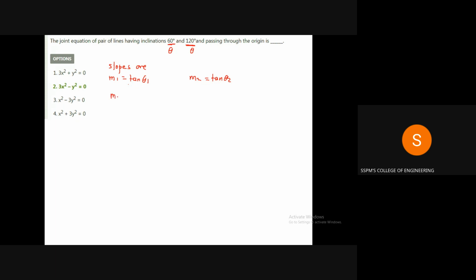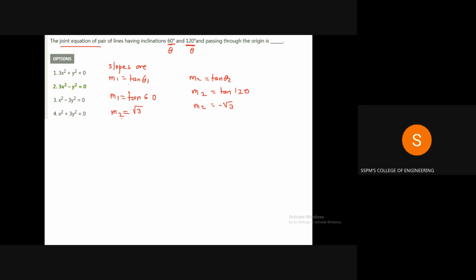So what is m1? M1 is equal to tan of 60. What is tan 60? It is root 3. And for m2, tan of 120. So m2 will be minus root 3. Now we have to find the joint equation.